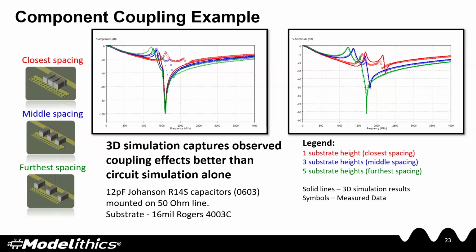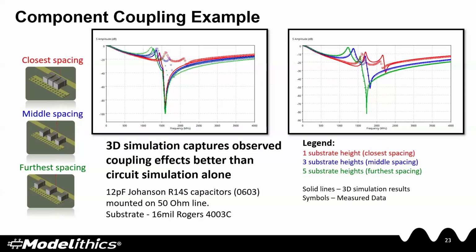If we look at the red symbols, those represent the measured data when the components are very close to one another. The red line corresponds to the simulated results. And we see how that simulation is not really doing a great job of predicting the real life performance.